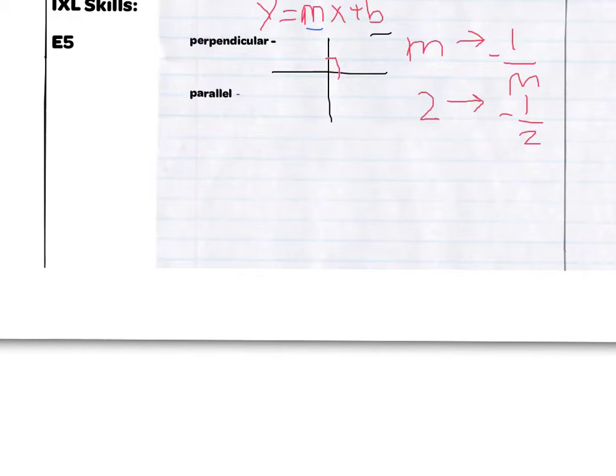An example of that is if your slope was 2, it would change to -1 over 2. What this means is if we have slope m sub 1 multiplied by the second slope, m sub 2, which is perpendicular to it, they should always equal the product -1.